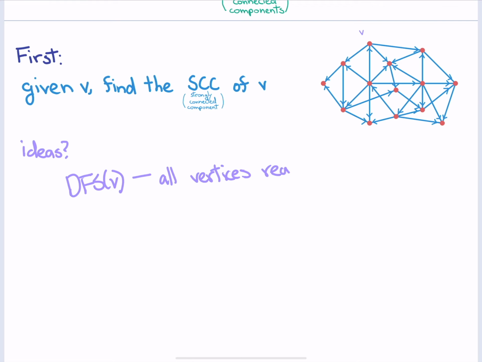Fine, but that's not all, right? V is reachable from what? So technically every vertex can reach itself because you don't have to take any edges.